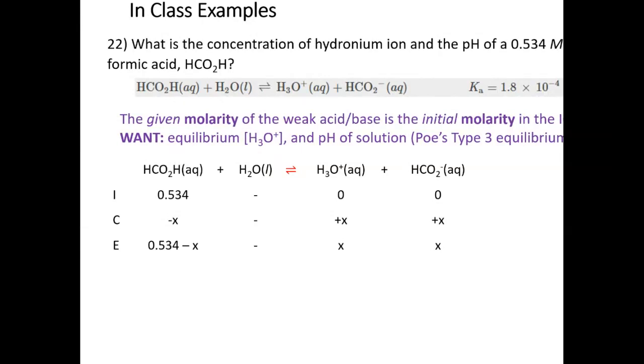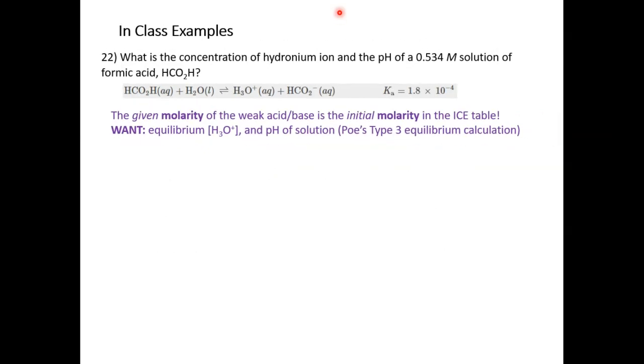And I gave you the Ka. What is the hydronium ion concentration at equilibrium? I should have put the words here, technically. We're finding hydronium at equilibrium because that is how we find pH. pH is using the equilibrium concentrations, right?